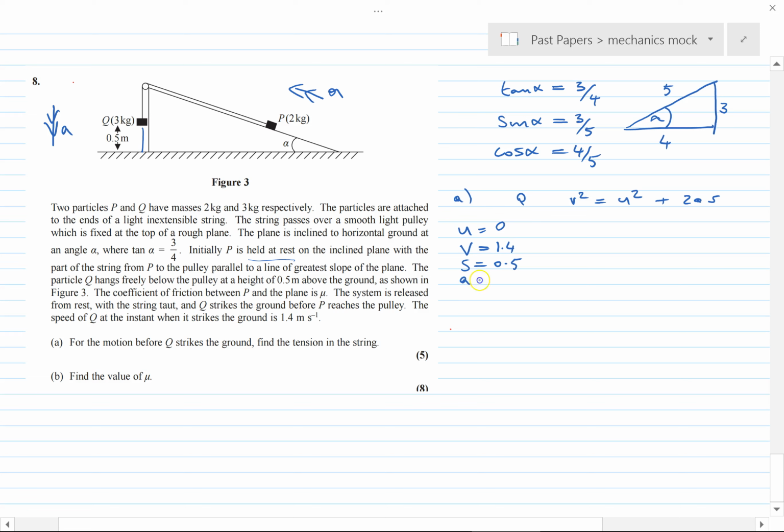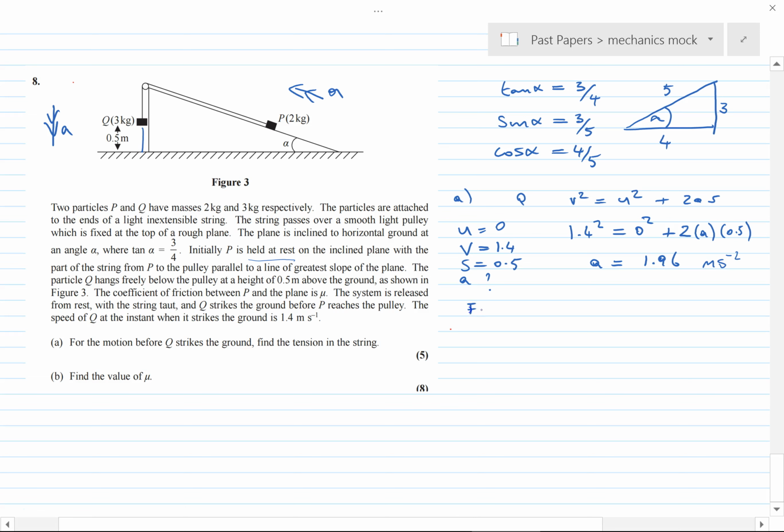So we can work out the acceleration here. That's 1.4 squared is equal to 0 squared plus 2 times a times 0.5. That easily comes out as a is equal to 1.96 meters per second squared. Okay, so that's not what it asked for yet, but that's going to get us on our way.